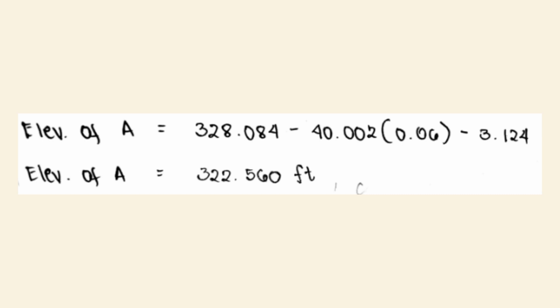So 328.084 is the elevation of the grade intersections, while 40.002 is simply L over 2 minus 156.848. 0.06 is the grade of the back tangent, while 3.124 is the value of our y.